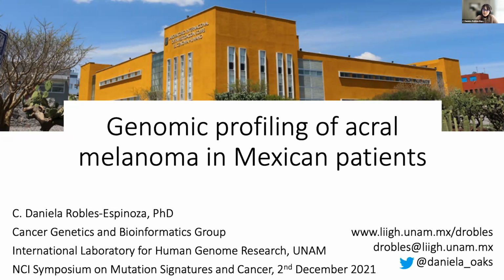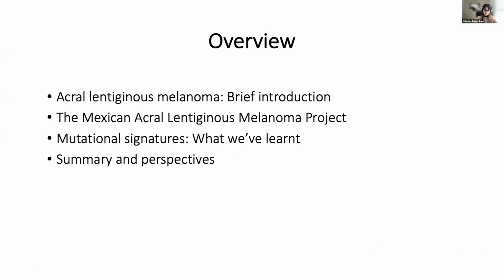This is a topic that we're interested in, and I'm going to tell you what we're doing to learn more about it and how we're trying to use mutational signature analysis to help with our objectives. As I suppose there must be some students and perhaps people who are still learning how to use this type of analysis in their work, I am hoping that this talk is informative about our experience.